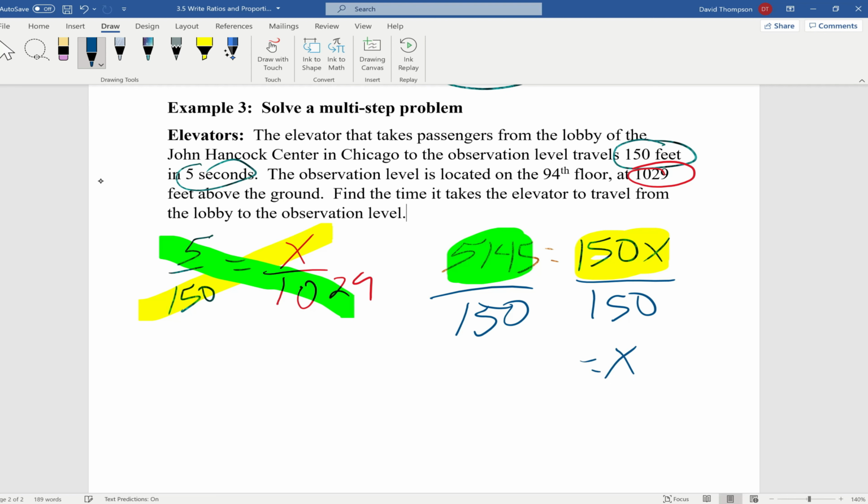We're going to get x equals 34.3. So that would be 34.3 seconds.